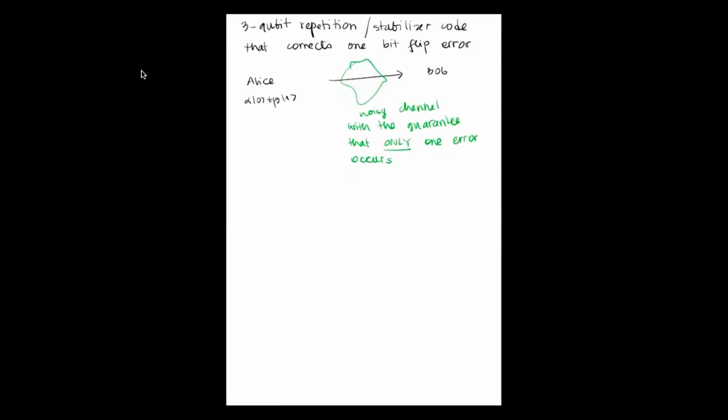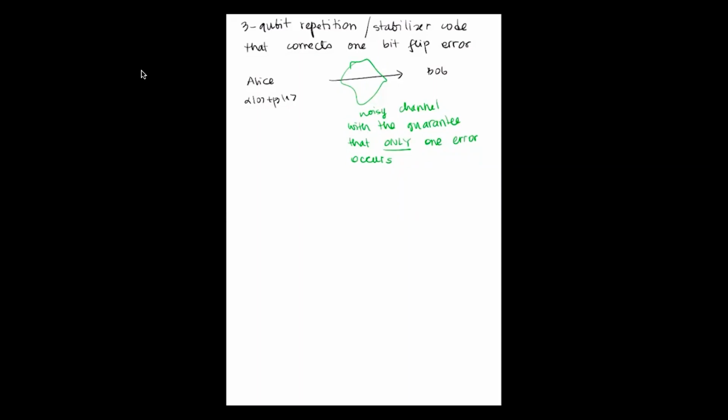So what's happening here? What's the setup? There's an Alice who has 1 qubit, which is alpha 0 plus beta 1, and she wants to send it to Bob. But the channel that they're using to transfer the qubit is noisy. Again, for simplicity, we are assuming that the noise in the channel only makes one error.